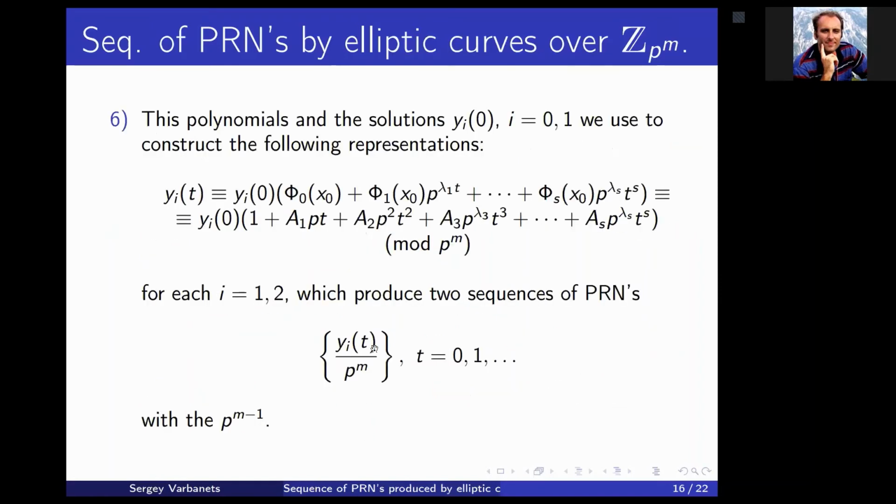The next step, these polynomials phi(t) and the solutions y_i(0), we use to construct the following representations of solutions y_i(t), or the representations of the components y(t) for each i equal to 1 and 2, which produce two sequences of pseudorandom numbers, y1(t) over p^m and y2(t) over p^m, with the period p^m minus 1.